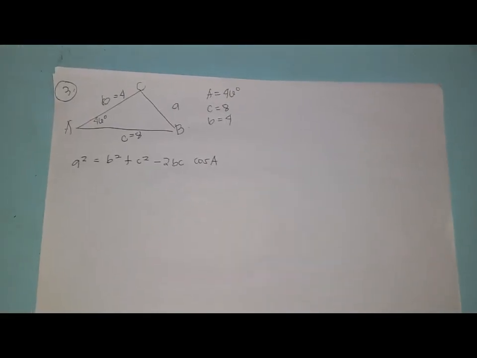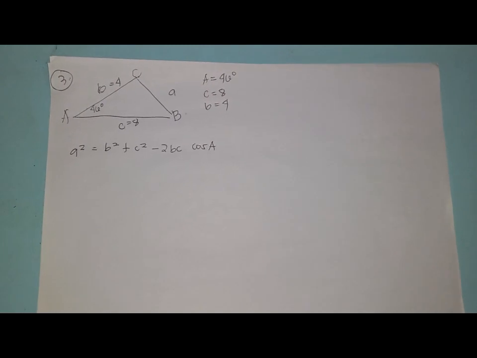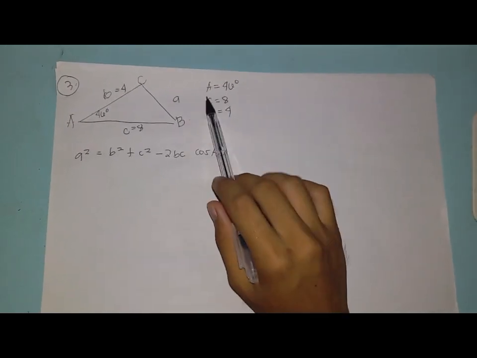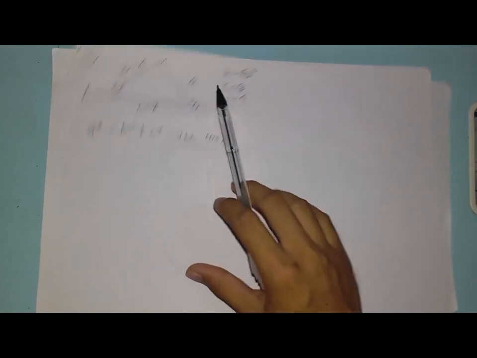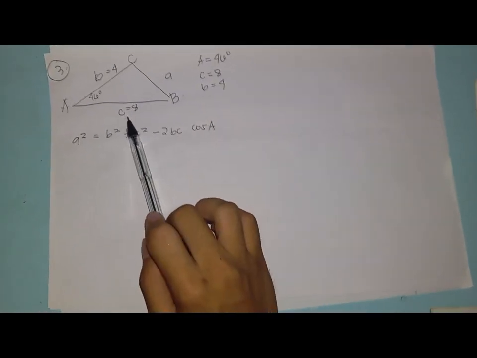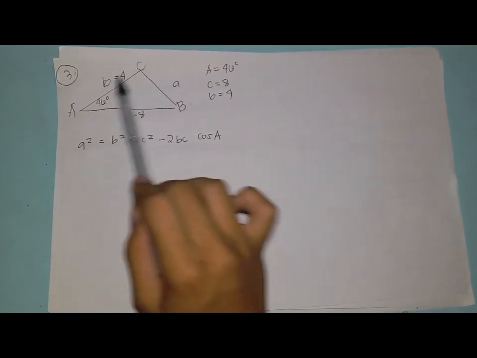So now let's proceed to number 3, the last number. So we have here the given angle A is 46 degrees, then side C is 8 and side B is 4.